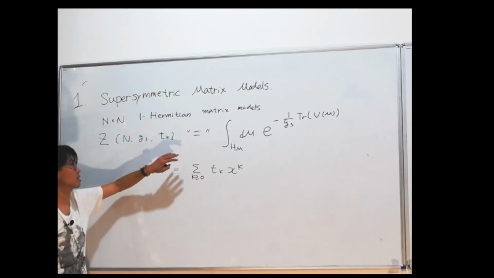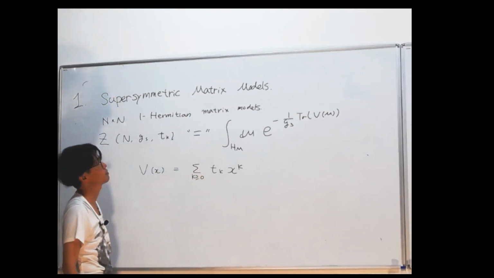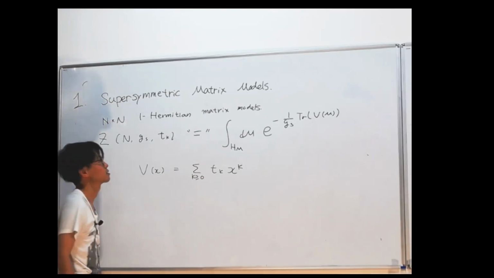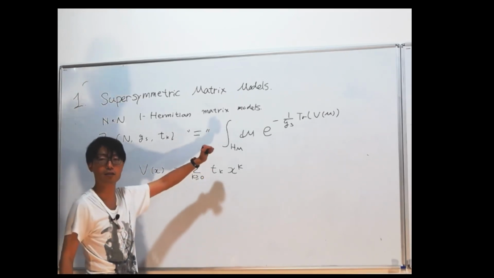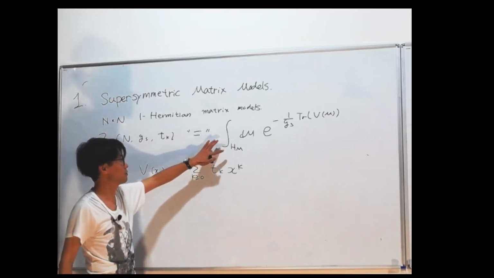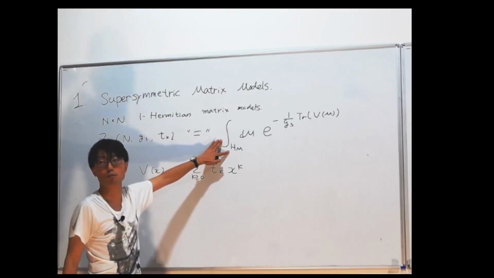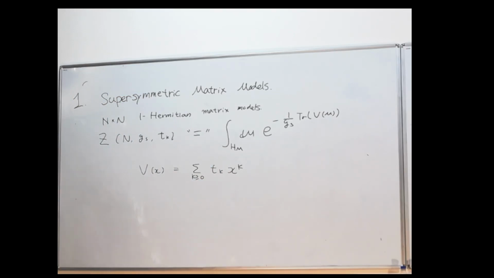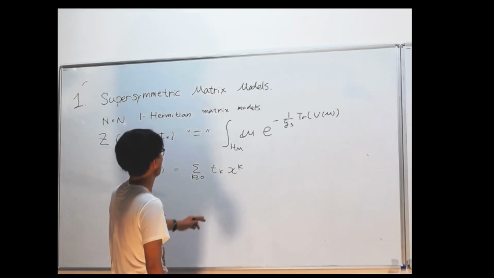The reason I put this in quotation marks is that you actually have to be careful about a whole bunch of things, because it's even very difficult to define, but you can. If you just write this, it is not sufficient to uniquely define what model you are thinking of. Integral over H_N.